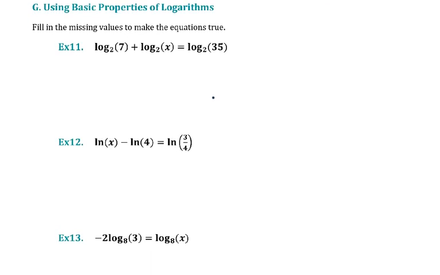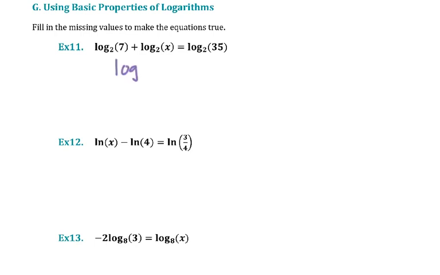So a little bit more conceptual thought process. Log base 2 of 7 plus log base 2 of x equals log base 2 of 35. So this leads us towards solving equations, which is going to come next. So since we have a plus sign in the middle of these two logs on the left, the plus means we could use the product rule.